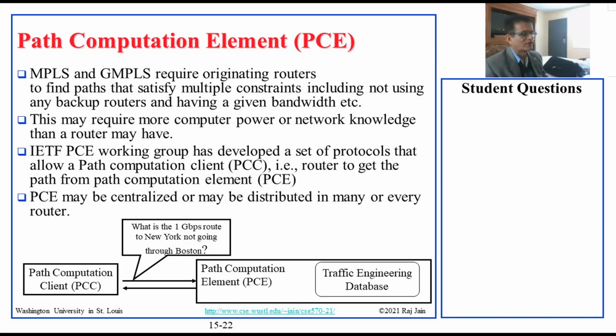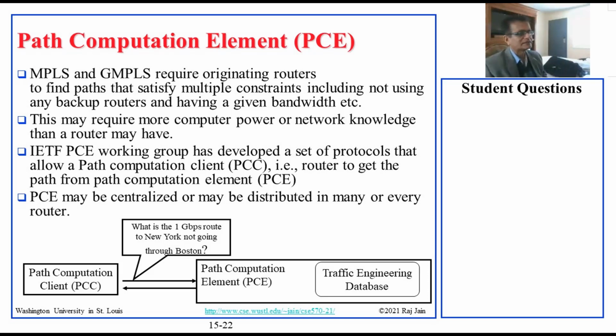If a carrier wanted to set up a path from Boston to San Francisco, they would say I need a path which is 100 gigabit, has so much delay, and so much minimum bandwidth. So there are multiple constraints. They also need a backup path which does not use any of the routers in the forward path.